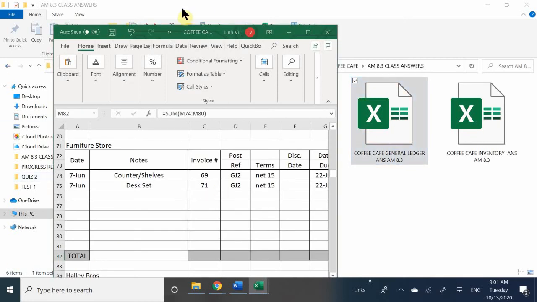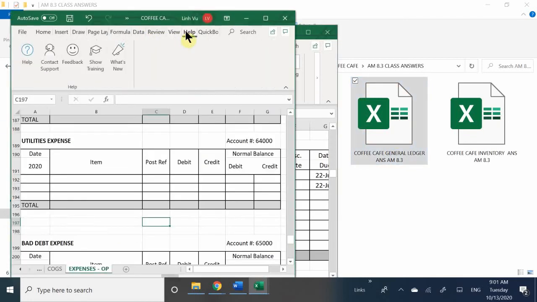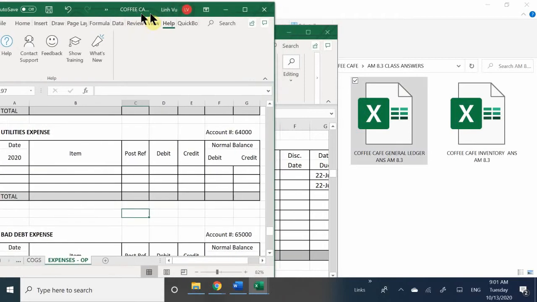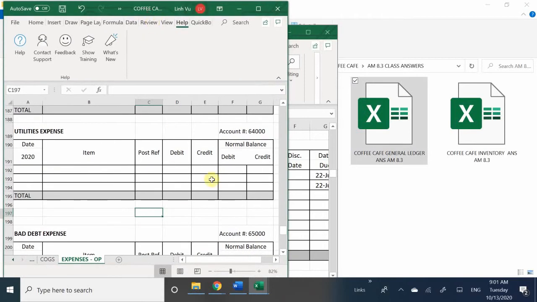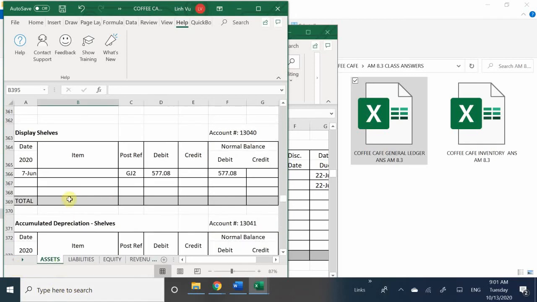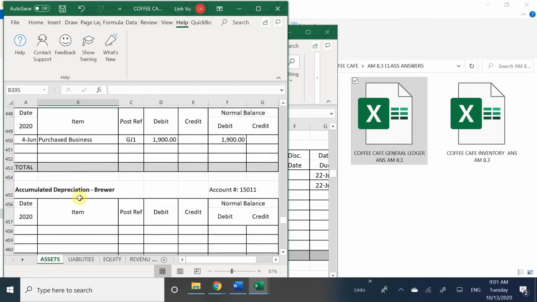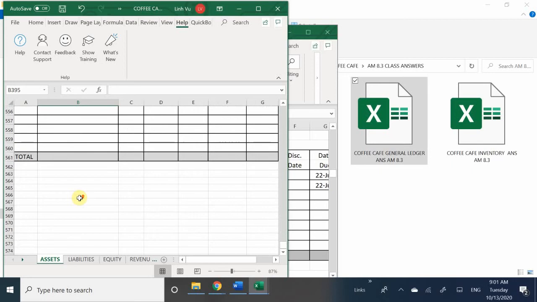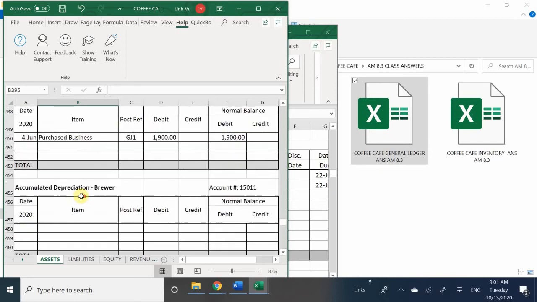Okay, so here's my ledger. So first thing I'm dealing with is a fixed asset. So I'm going to go ahead and find my truck, which should be under my assets, right? We know it's going to fall under vehicles because that's the main account.